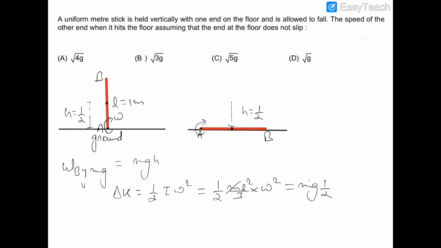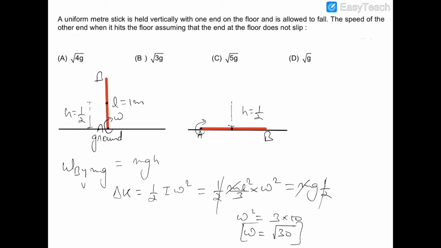Now cancelling this m with m and half with half, omega square will be equal to 3g, because L is equal to 1, 3 into 10 in fact, and omega will be equal to root 30.